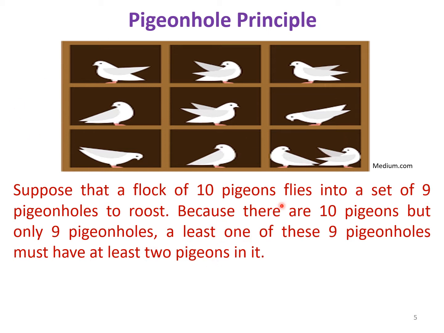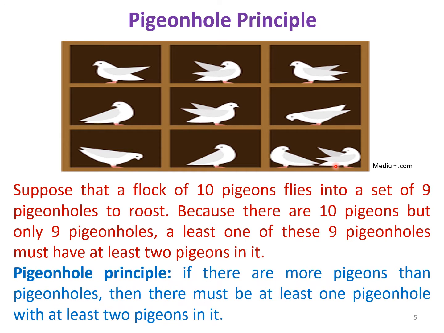So at least one of these 9 pigeonholes must have at least 2 pigeons in it. So the pigeonhole principle states that if there are more pigeons than pigeonholes, then there must be at least one pigeonhole with at least 2 pigeons in it.